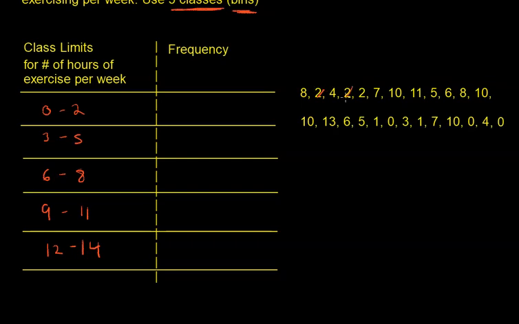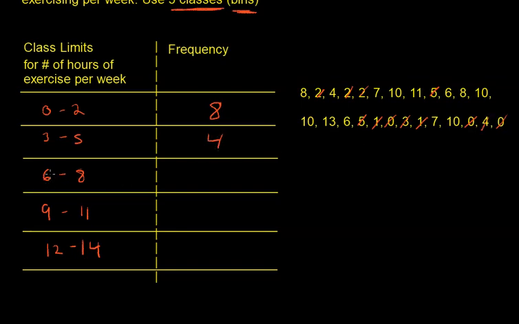So there's 1, 2, 3, 4, 5, 6, 7, 8. 8 observations between 0 and 2. How many observations are between 3 and 5? All right, so let's see. 1, 2, 3, 4.